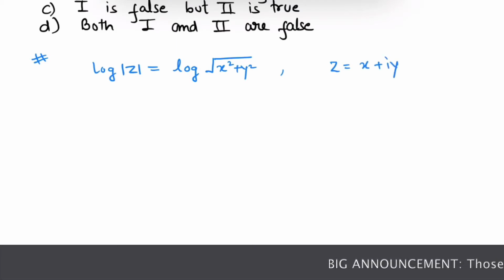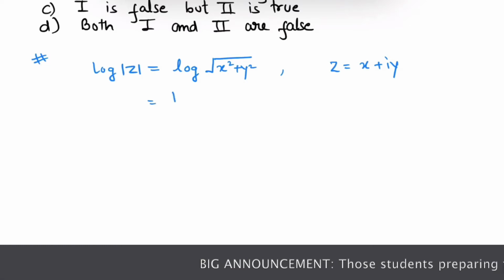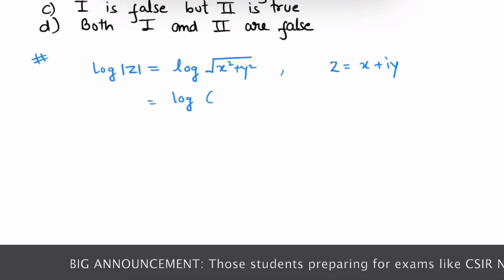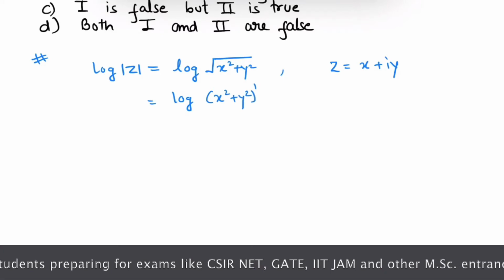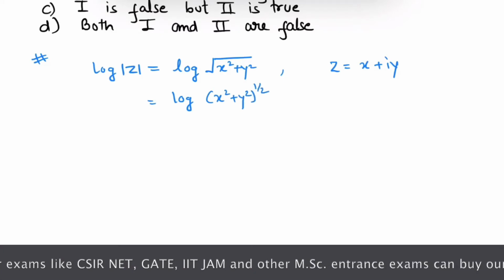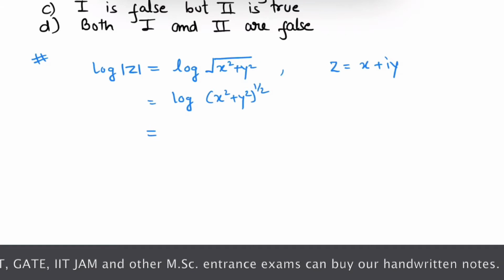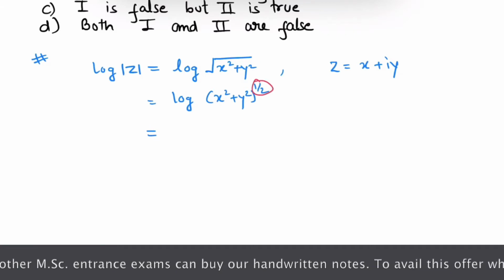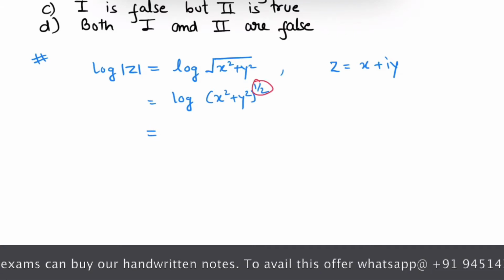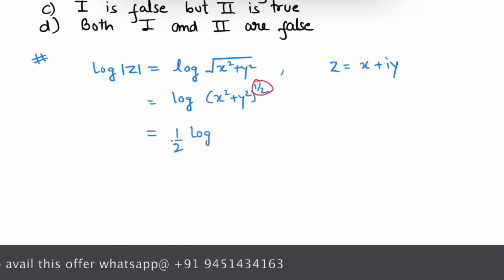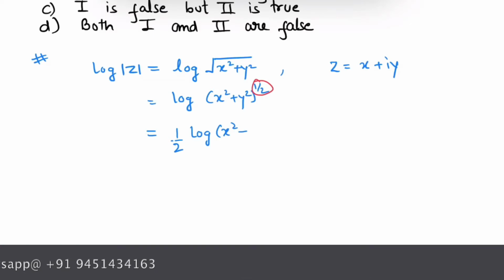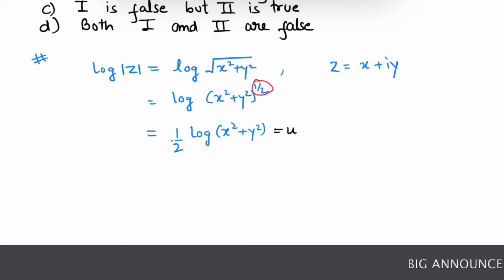So we can also write this as log of x square plus y square raised to power half. From the property of log we can take this power outside, so we'll have half log of x square plus y square. Let us assume that this function is u.